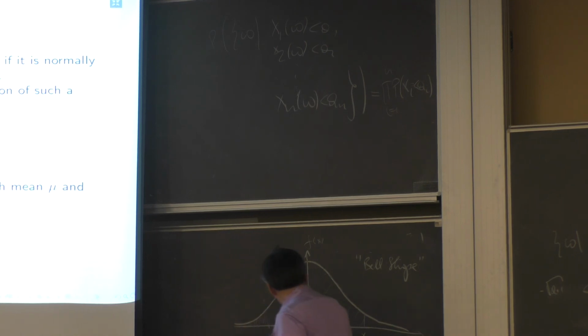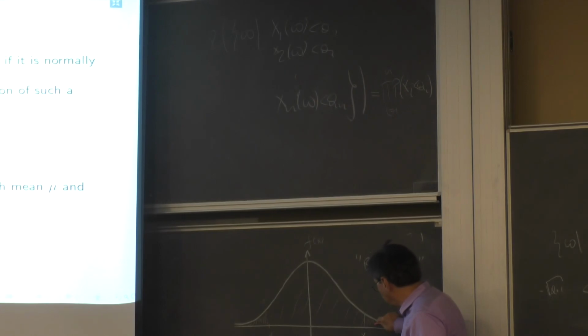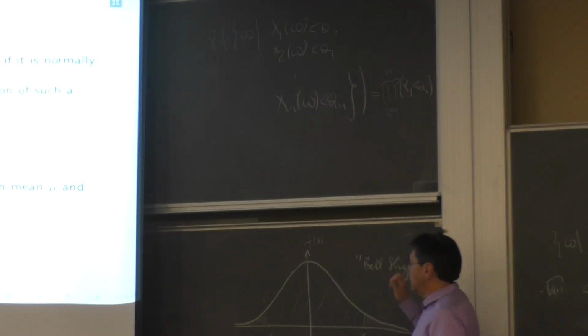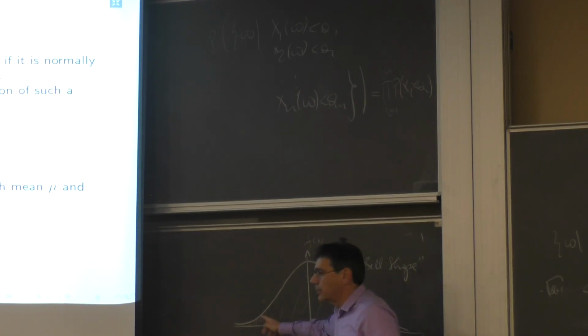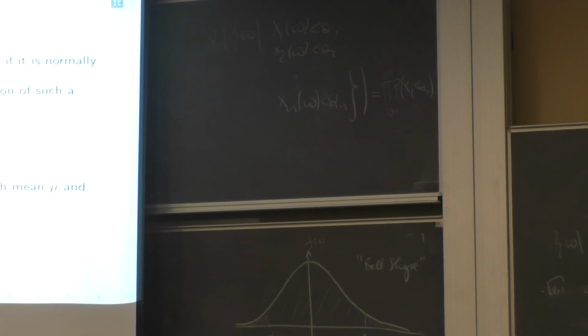Now, this area over here is the same by symmetry around the vertical axis as this area over here. So you can write this as the total probability 1 minus the area of this, which is the same thing as the area of that. So you get that the probability of being less than little x is the same thing as 1 minus the probability of being less than minus x.